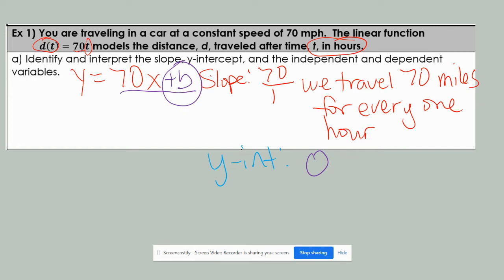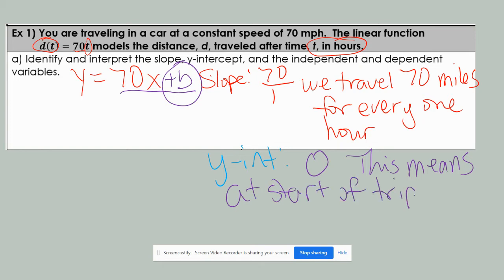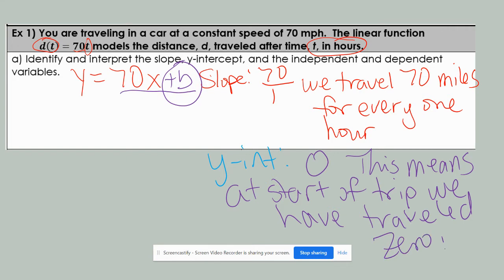So if I don't have anything there, then we say our y-intercept is 0. So this means at the start of our trip, we have traveled 0 miles, which makes sense. If we haven't left yet, then we can't have traveled anywhere.